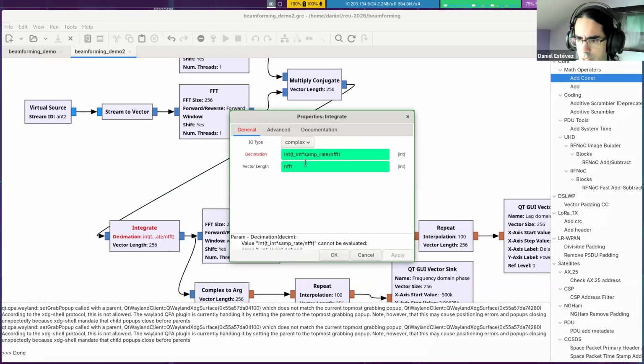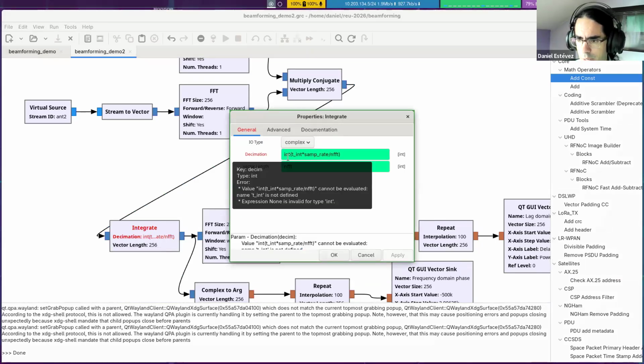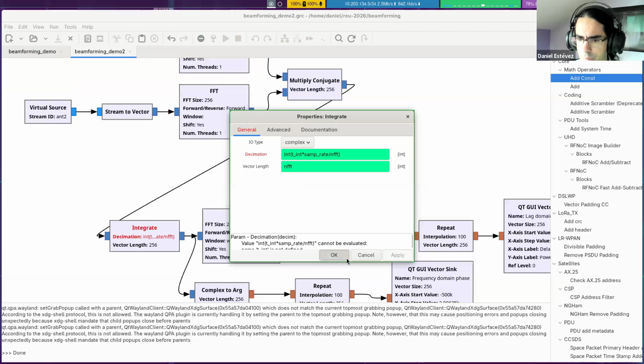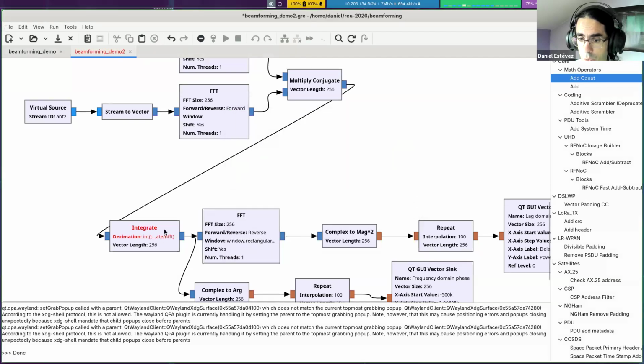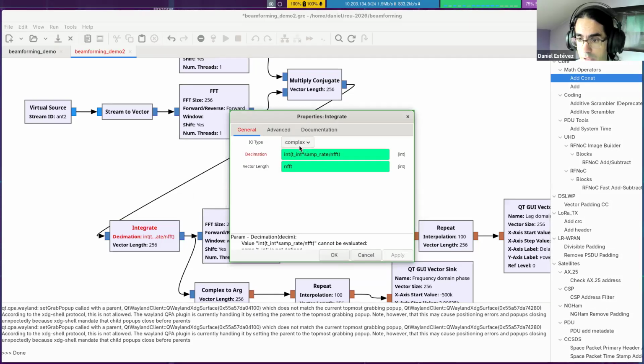So what's running here? I think I'm missing some variables. This is Integrate. It's to integrate multiple FFT outputs. It's basically the same as we had last week. The only difference is that now this is of type complex because we have complex numbers rather than power, which is a real number.